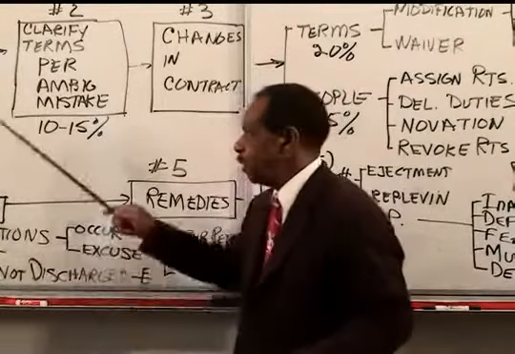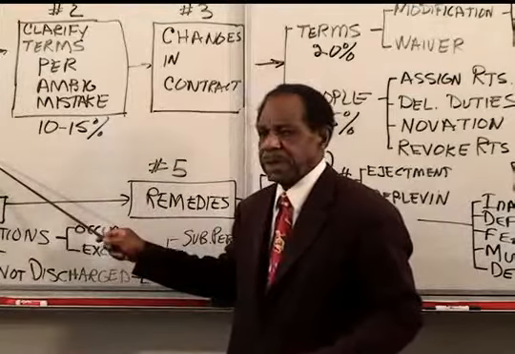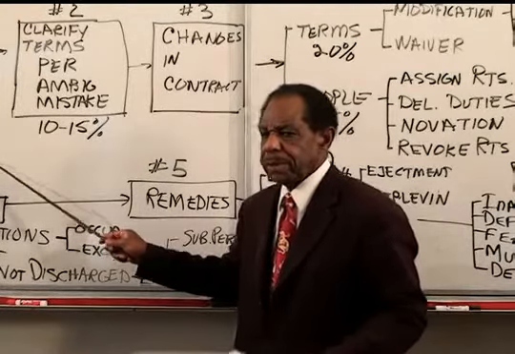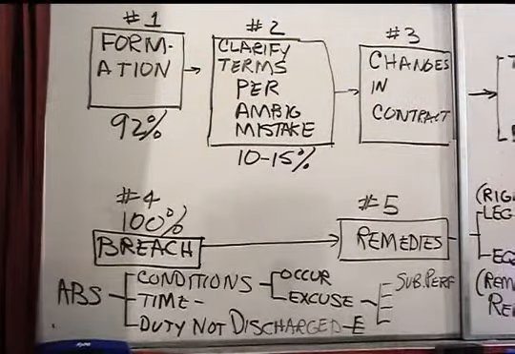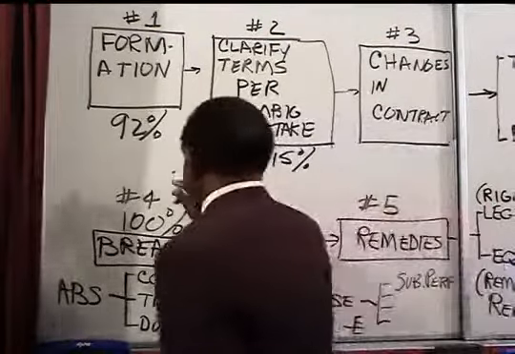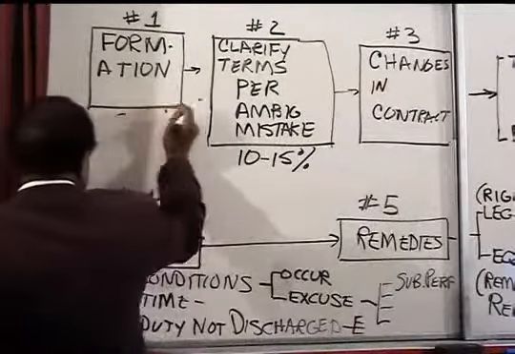Again, we have not filled out the details for forming a contract, but I'll put the structure on the board right now. The formation of a contract requires 3 things.